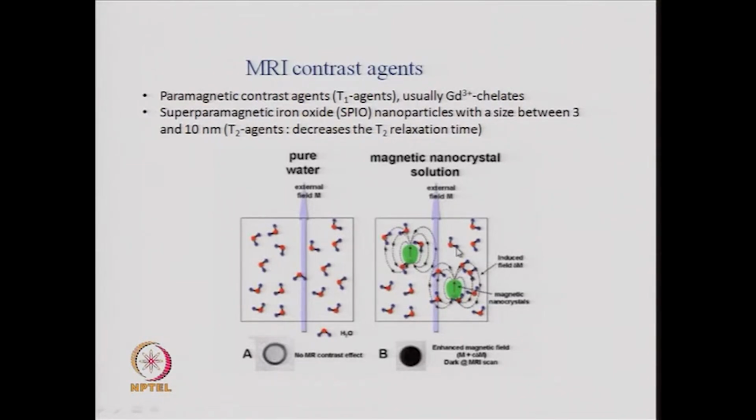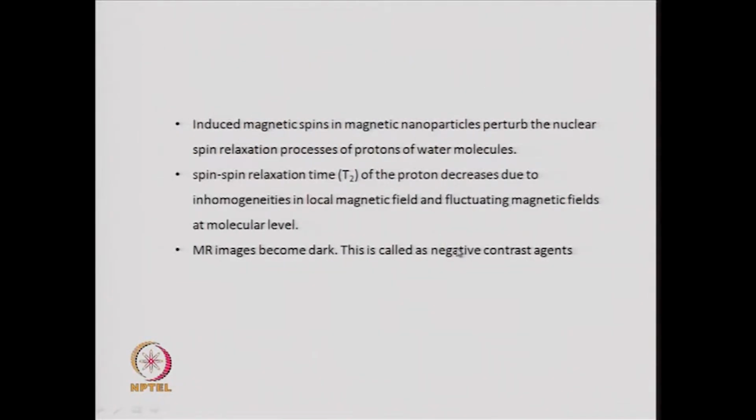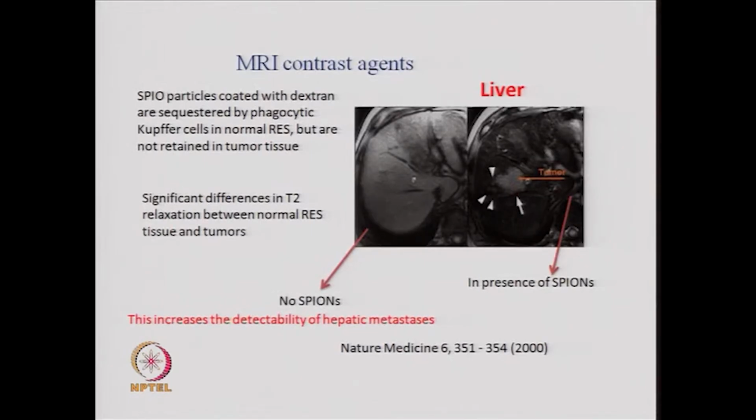And when it affects that, you can see it as an enhanced contrast in the MR images. So, this is the role of the nanoparticles as an MRI contrast agent.